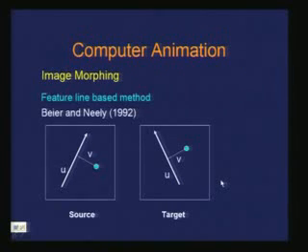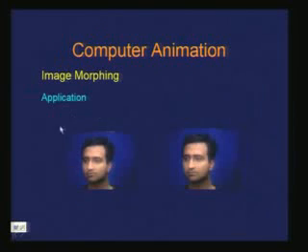Okay, so we also looked at the application of these methods. I gave you certain examples where you saw the morphing. I am repeating from last time just to elaborate on what is actually involved in this application.